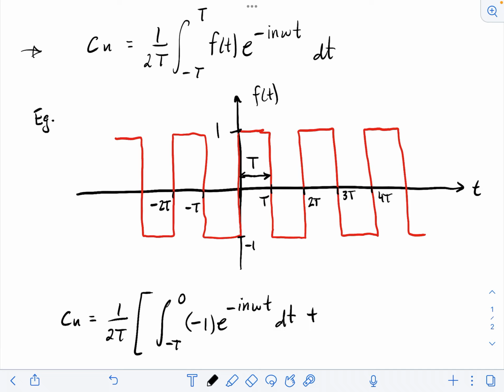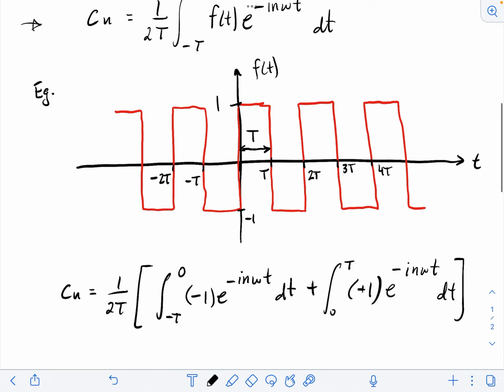And then we have to integrate over the second half of the period, and so we'll go from 0 to plus T. Over this range of time, f of t is plus 1 for all of these times, and then we have e to the minus i n omega t, and then we integrate with respect to t.